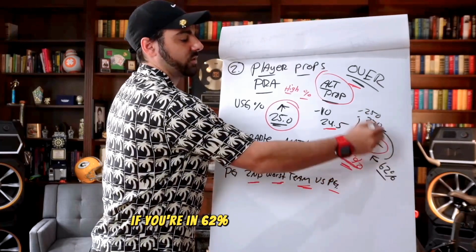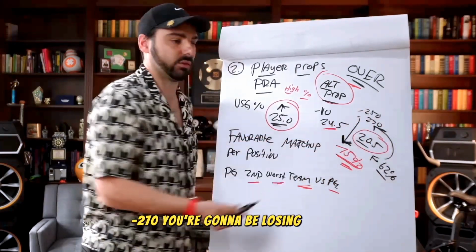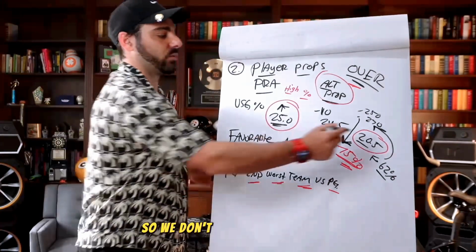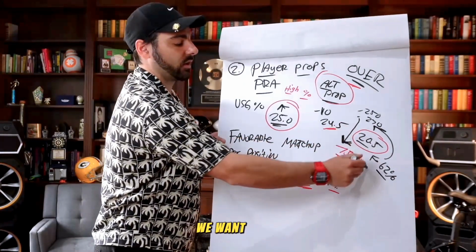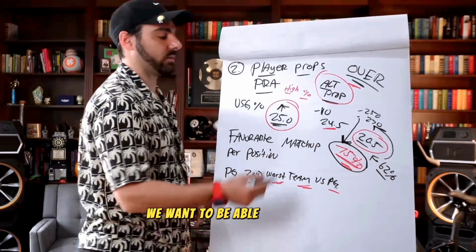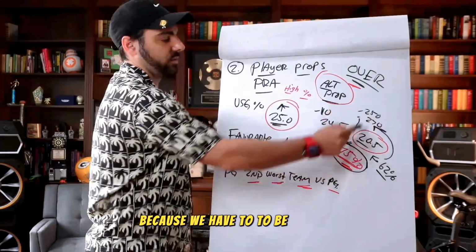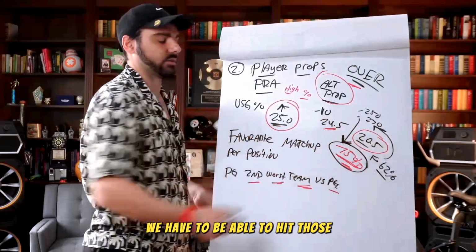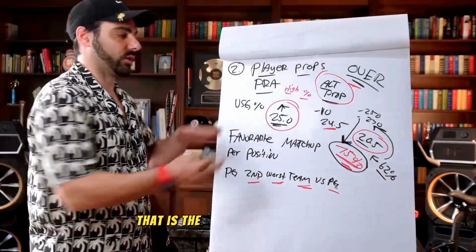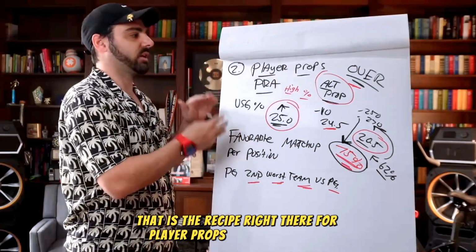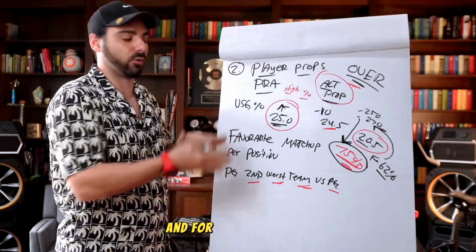If you're hitting 62% of the time playing minus 250, minus 270, you're going to be losing money a little bit over time. So we don't want to do that. We want to be able to hit high percentage probability plays long term because we have to be able to profit. We have to be able to hit those. All right, that is the recipe right there for player props, for your unders, and for your overs.